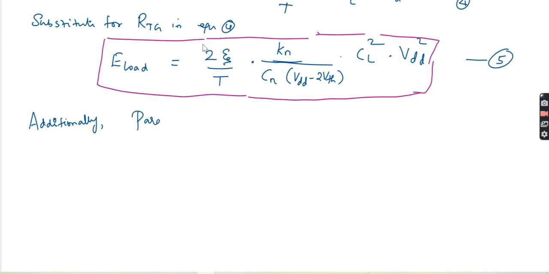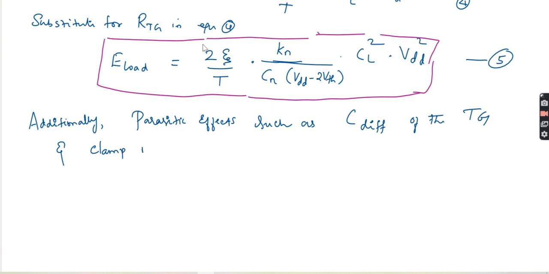The parasitic effects such as C diffusion, that is the diffusion capacitance of the transmission gate, the TG, and the clamp n device, will contribute to the total CL actually.